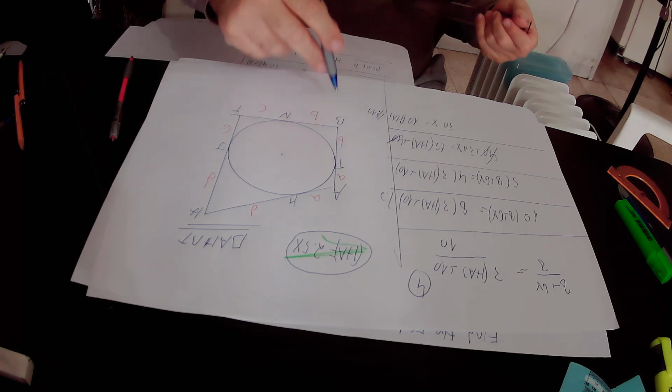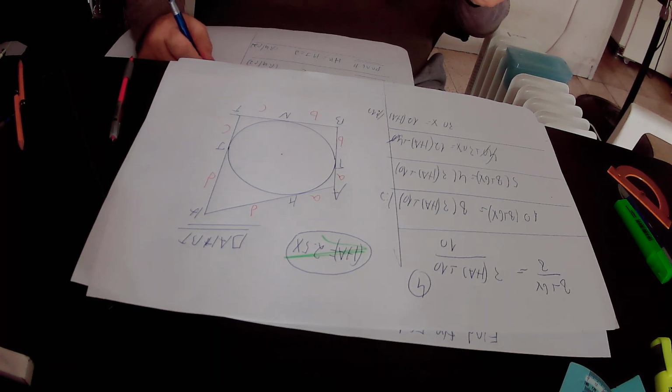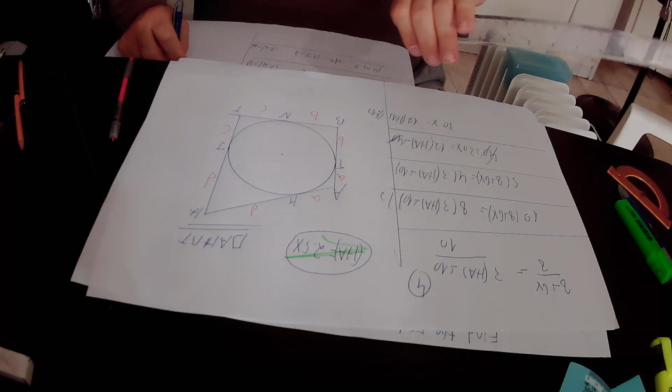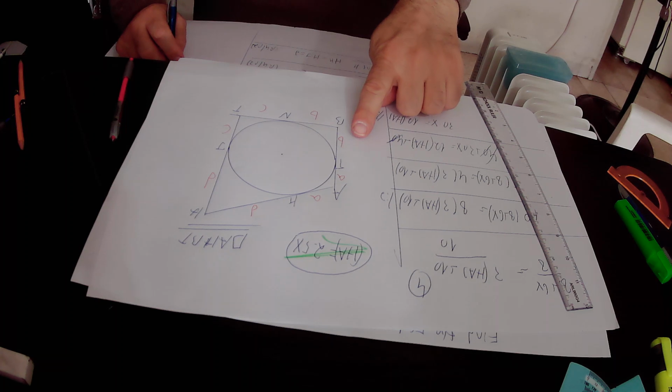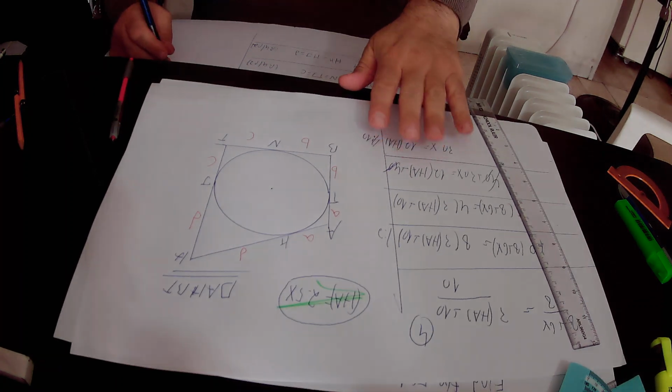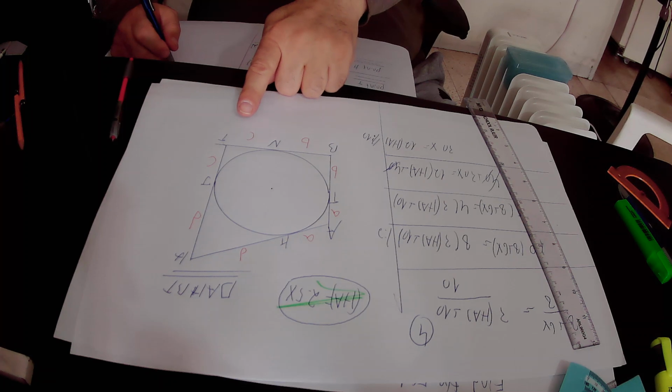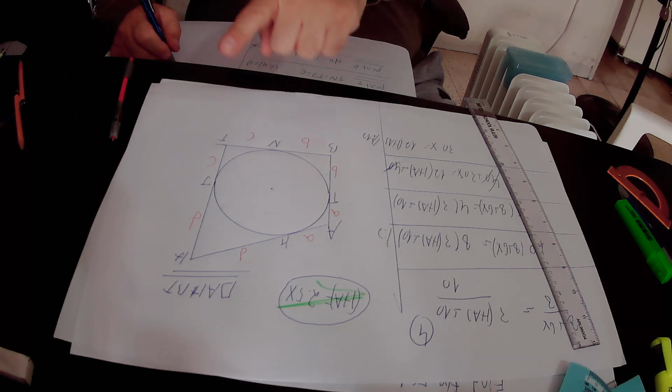What is the value of AB plus HT? From the drawing it is very easy to see that AB equals A plus B. Plus HT. From the drawing it is very easy to see that HT in total equals C plus D.